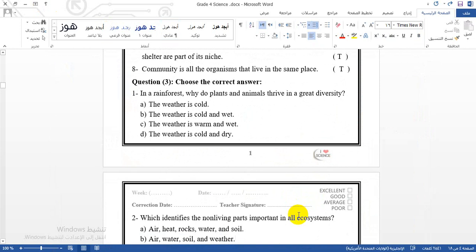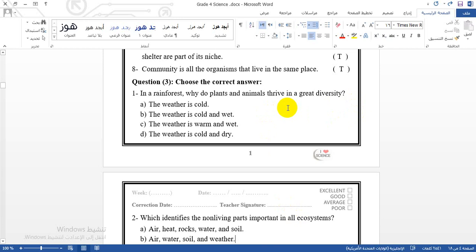Let's go to question number 3 and start to solve the multiple choices here, and you have to select the correct answer. Okay, so here in the rainforest, why do plants and animals thrive in a great diversity?